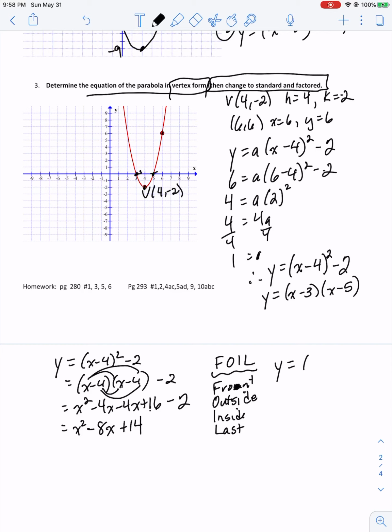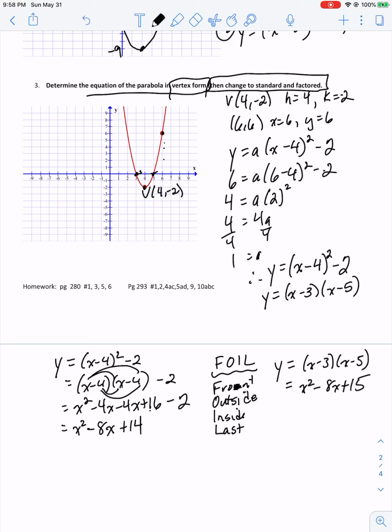But y equals (x minus 3) times (x minus 5) equals x squared minus 8x plus 15. Uh-oh. There's something wrong. Okay, I know this is right. Oh, you know what? This is where the mistake is.